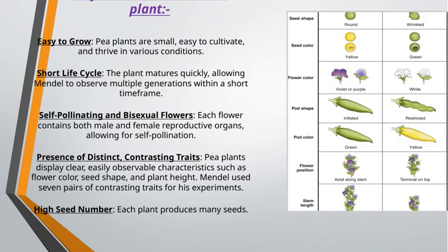Mendel focused on 7 pairs of these contrasting traits to keep his experiments consistent and reliable. Finally, pea plants produce a large number of seeds, giving Mendel plenty of samples to work with, which strengthened the validity of his conclusions. All these factors together made pea plants an ideal choice for uncovering the fundamental principles of inheritance and helped lay the groundwork for modern genetics.